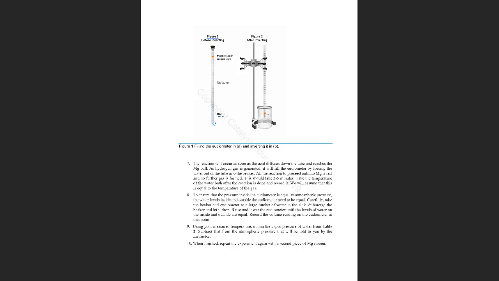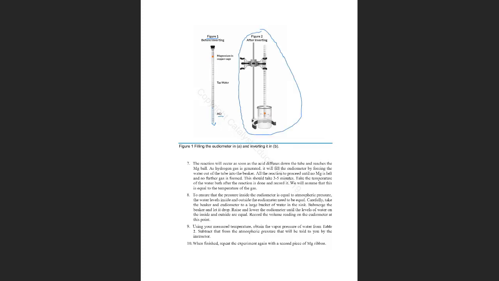We will insert magnesium in a copper cage, and the stopper, and then quickly we will invert the entire tube into the beaker filled with water. This is figure 2.